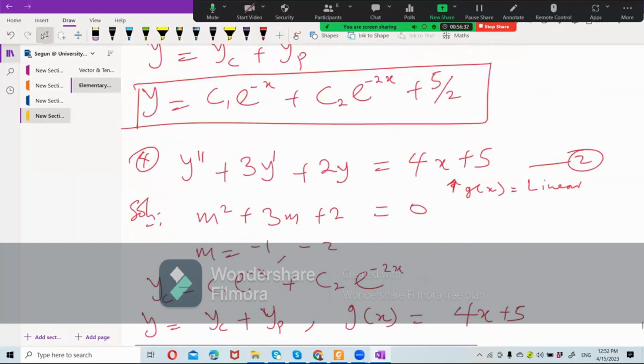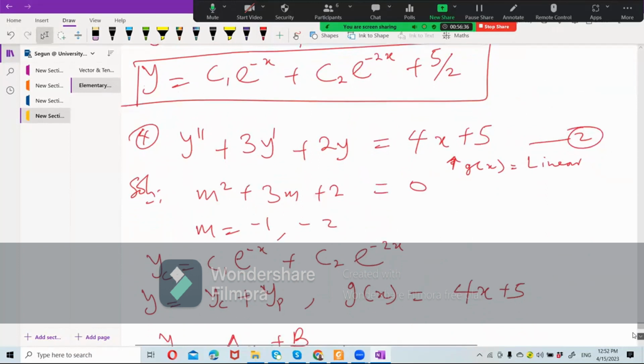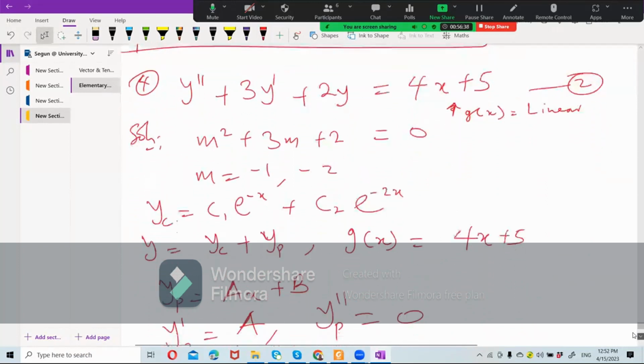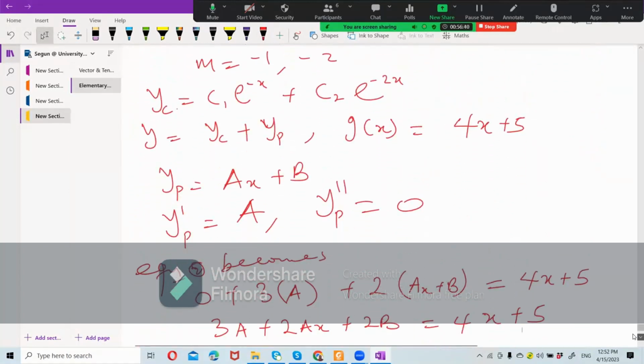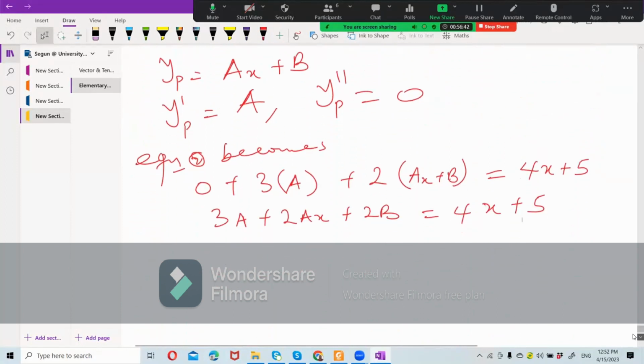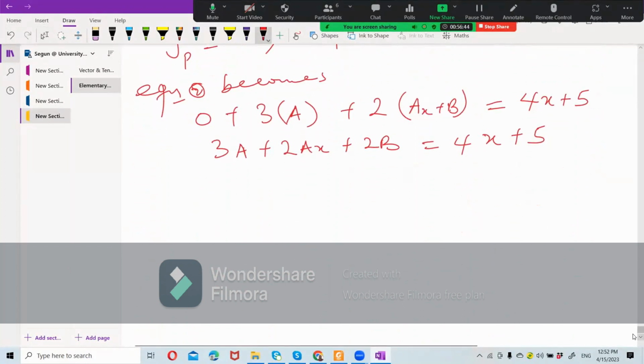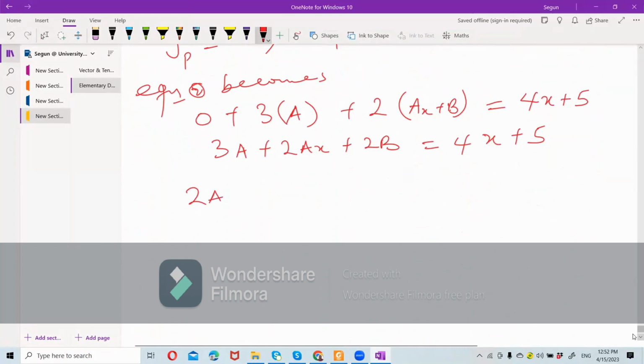We are doing the comparison now. That's another way of solving the equation. So we have 2ax, don't forget, plus 2b.